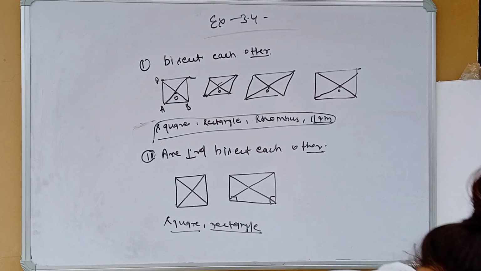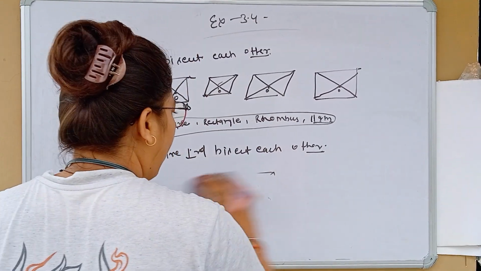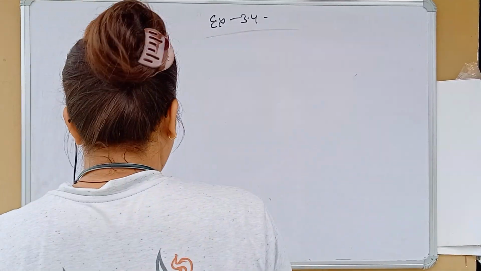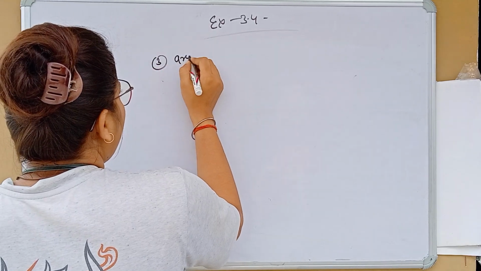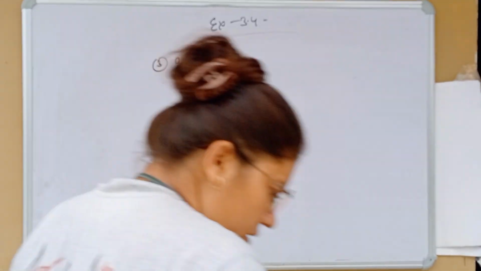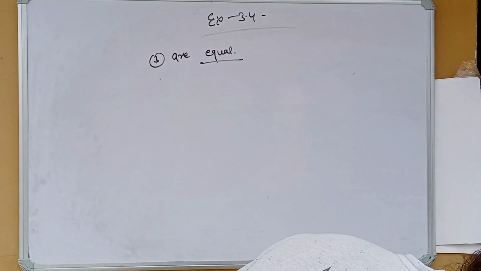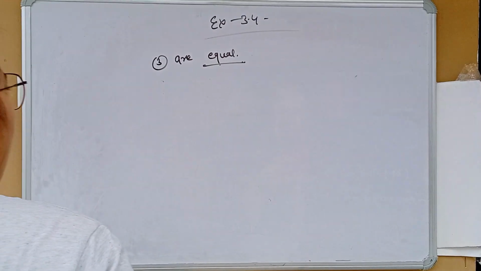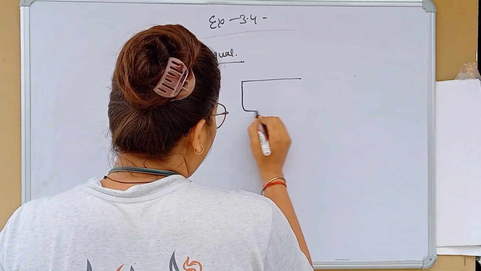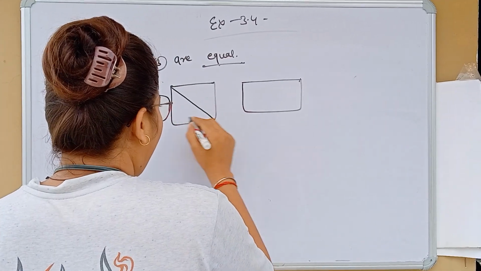So the third says: are equal. So what do we need to write here? Square and rectangle: their diagonals are equal.